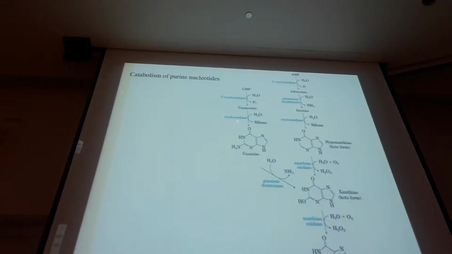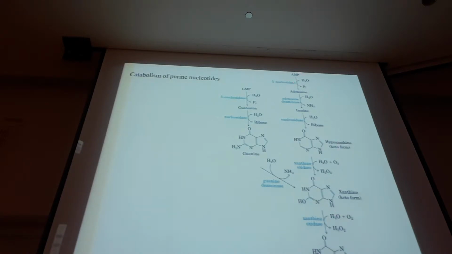Then a nucleosidase hydrolyzes our N-glycosidic bond between guanine and ribose. We have guanine here, and then actually a deaminase removes the nitrogen here and introduces a hydroxyl group to produce xanthine. So this nitrogenous base here is called xanthine, and this can be further oxidized with the help of an enzyme called xanthine oxidase to produce uric acid.